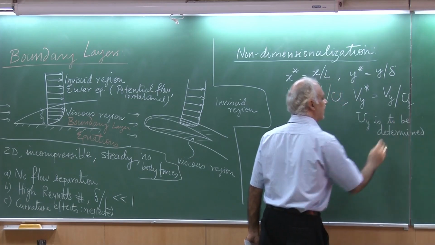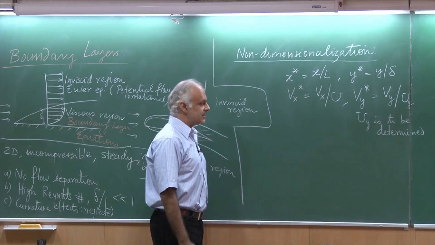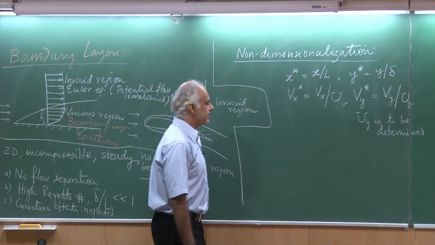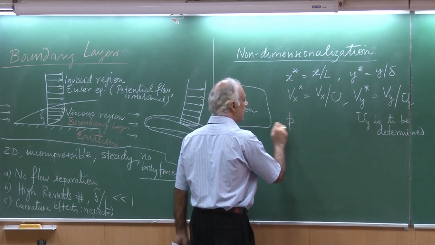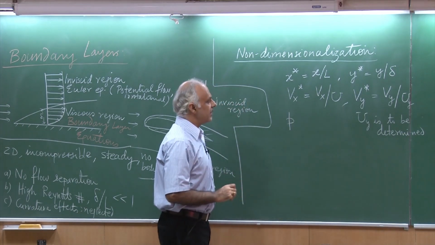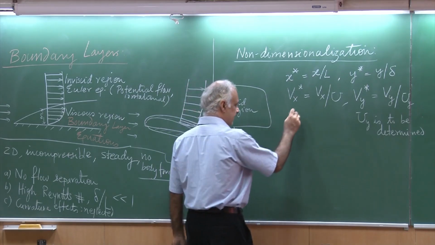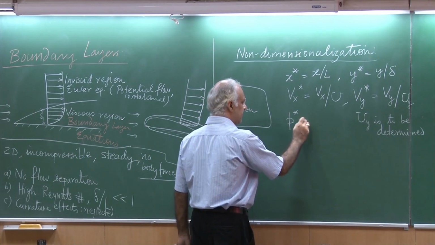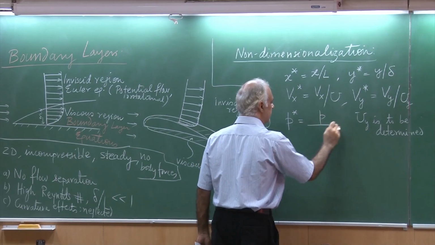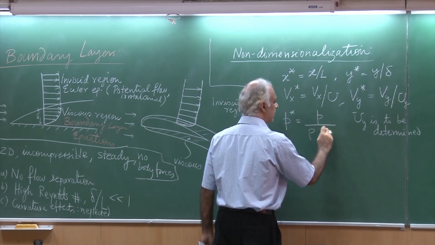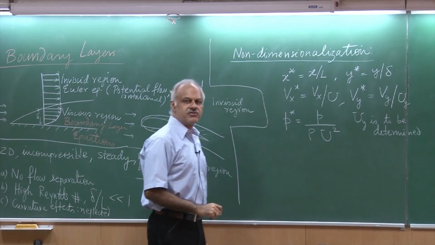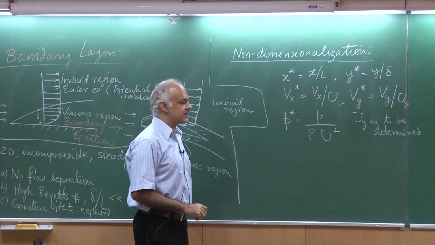In fact, that will come right out of this analysis magically. We don't know what the role of pressure exactly would be, but for the time being, let's say P star is the non-dimensional pressure, which is given as P divided by rho u square. So that's the free stream dynamic pressure.